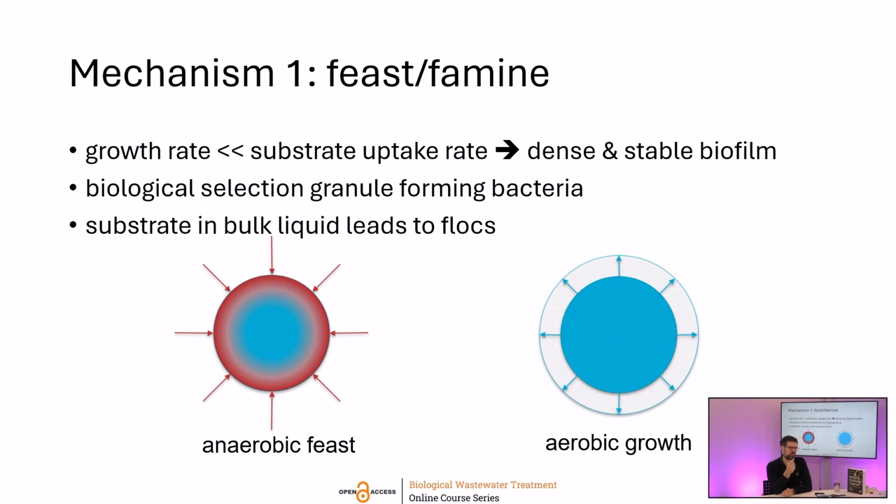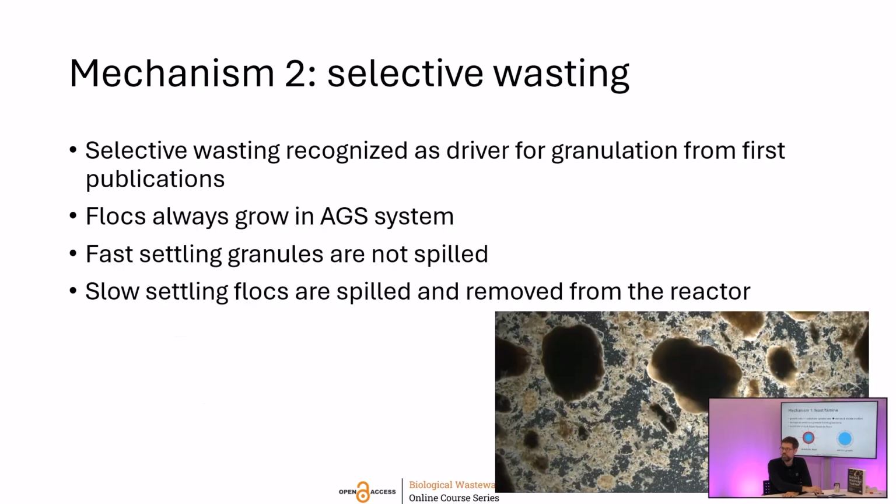If you, for example, would feed aerobically, then suddenly the growth rate becomes larger than the diffusion rate, and then you get all these fluffy flocs. But because the substrate can first penetrate the whole granule and then we start aerating, the granule starts growing from the inside out, and that really helps to grow the granules and prevent fluffy growth, basically. So really important.